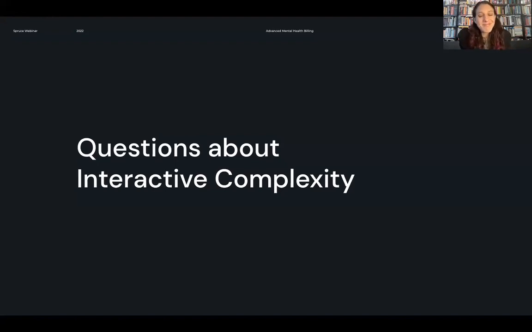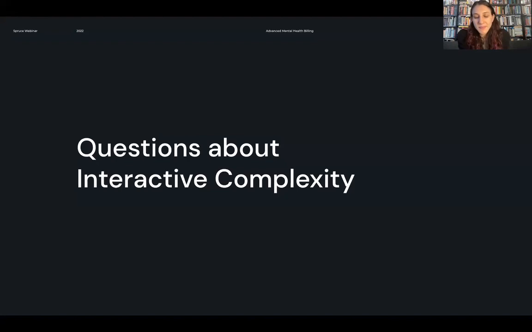I would need to look into it more because I think EMDR generally uses some other codes in addition to regular psychotherapy codes. So I'm not certain what would be the best approach there. Maybe you can look up some resources on EMDR coding and interactive complexity further. Sorry, we don't have the exact answer there.